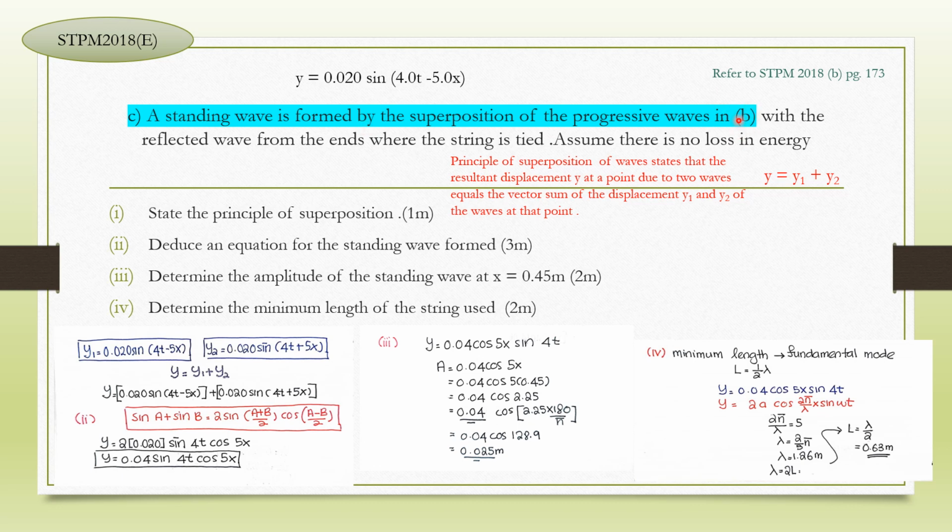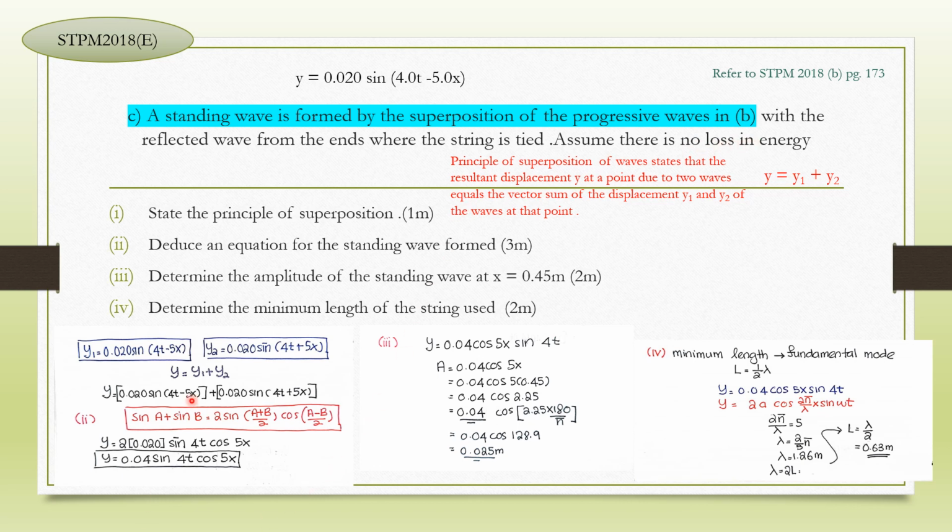Now this one in B, you refer back to STPM 2018 B, page 173 of your practice tropical book. I have just quoted the equation of the progressive wave in B here. You have done this before under the revised progressive wave. Now let's move on with the reflected wave from the ends where the string is tied. Assume there is no loss in energy.